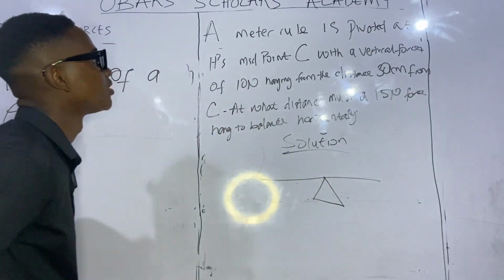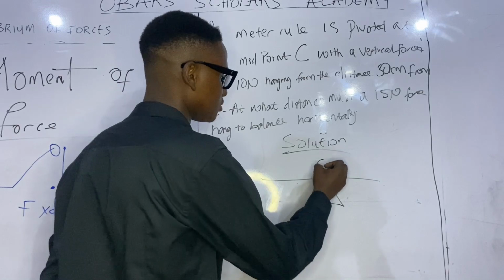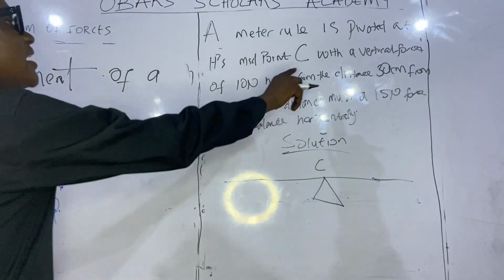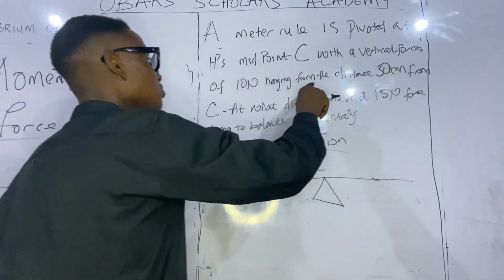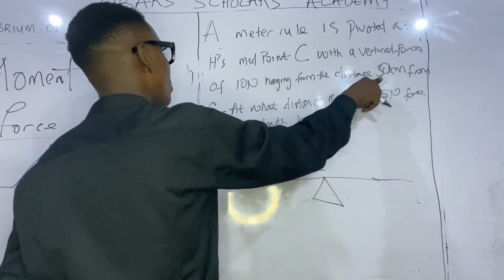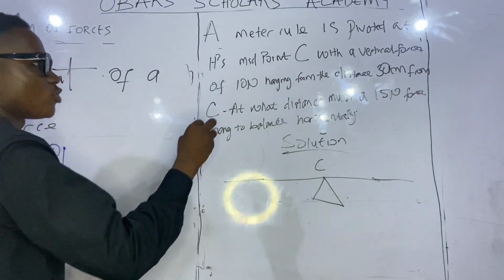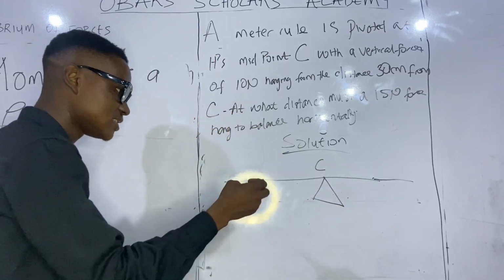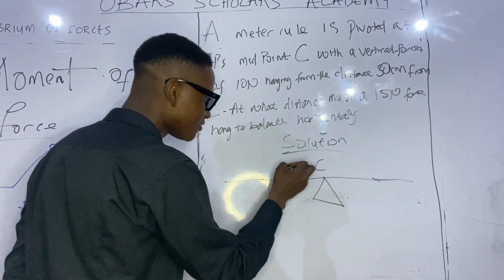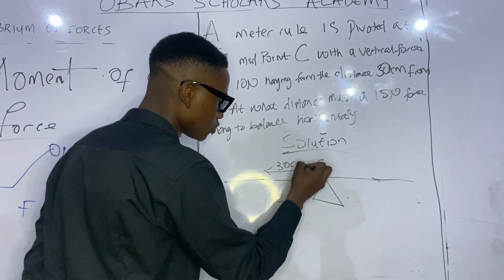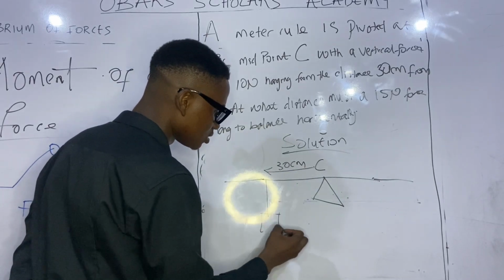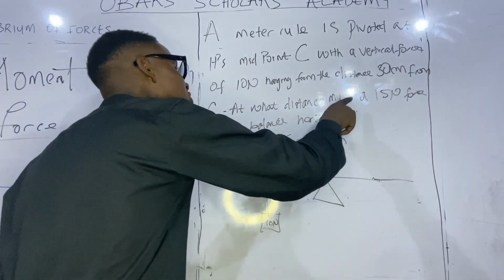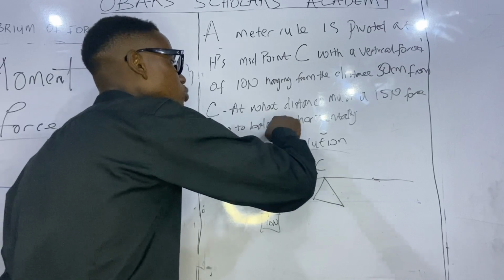This is a pivot, and they call this midpoint point C. With a vertical force of 10 Newton hanging at a distance of 30 centimeter from point C, we put it here: 30 centimeter from C, we have a 10 Newton force hanging. They ask: at what distance must a 15 Newton force be hung to balance horizontally?